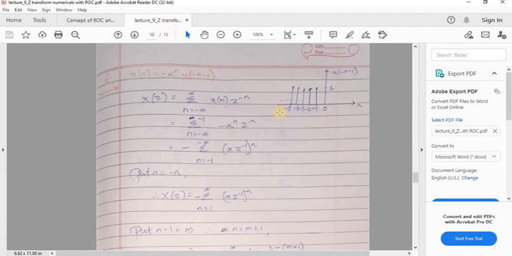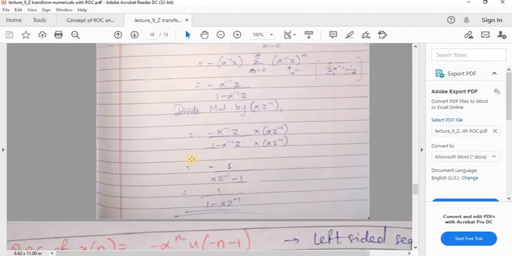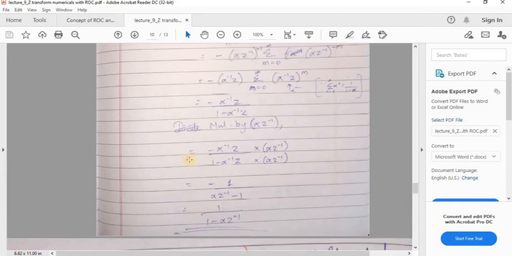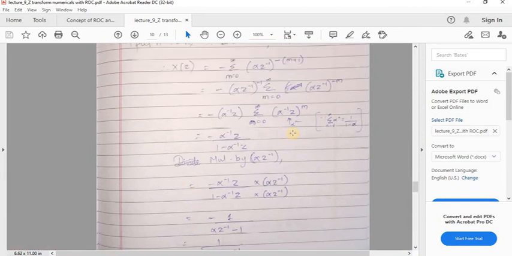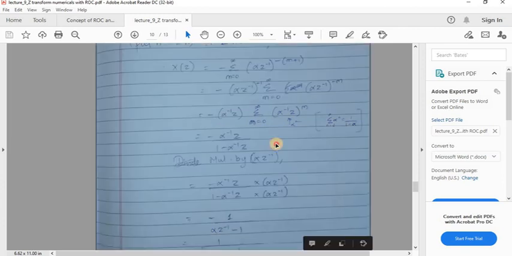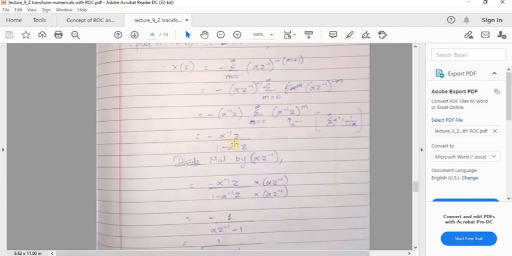So it is a left-hand sequence. This is the point at which we are going to find out the ROC, because after this point the summation ends and we get a solution. So the point which is before the solution, which consists of some summation, is the point of ROC.